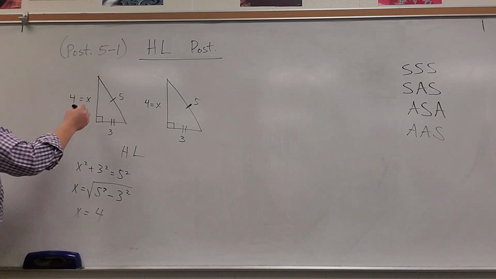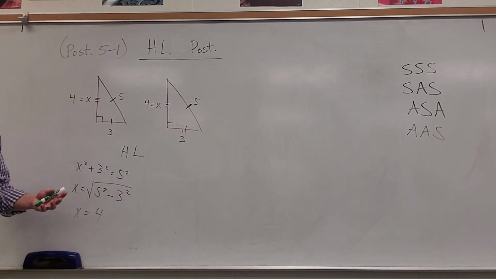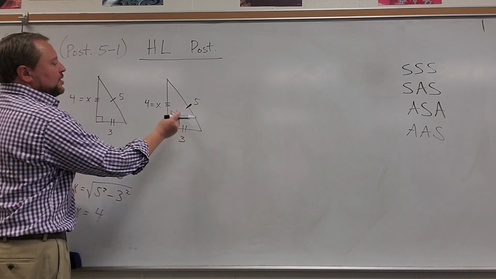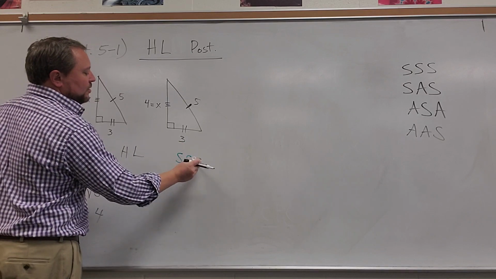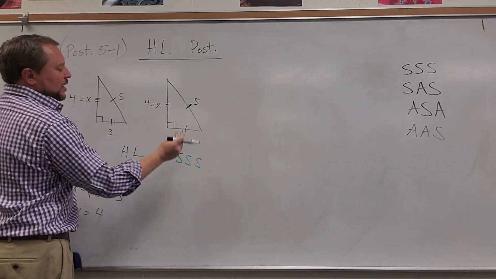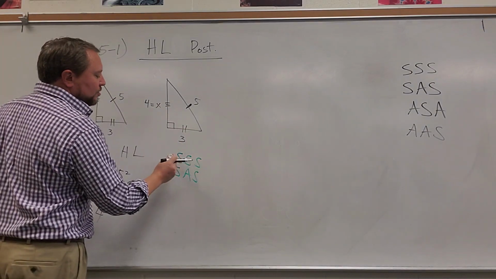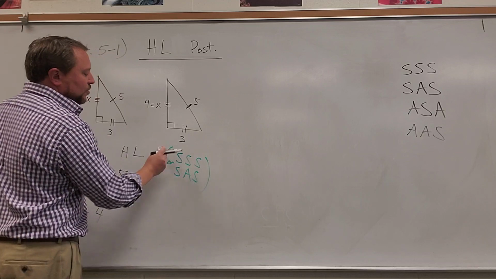And now that I have this last side the same on both of them, do you see that HL is really just based on either side, side, side with all 3 sides, or even SAS using the right angle, SAS. So it's either or, either one of those.